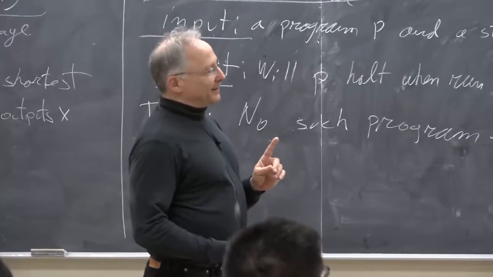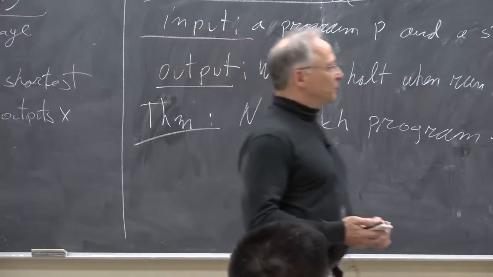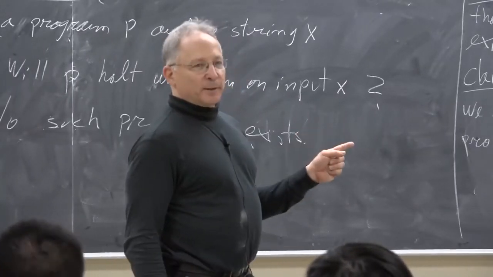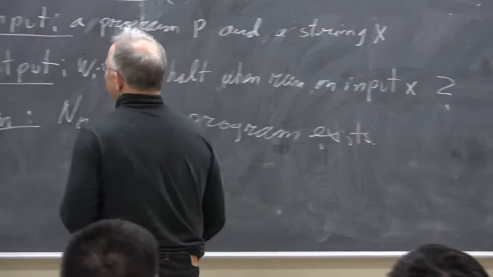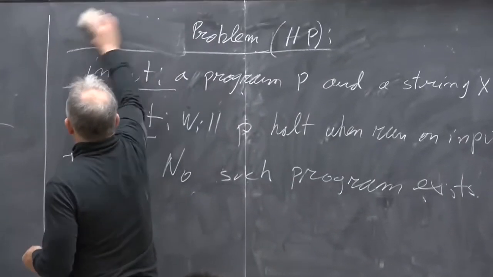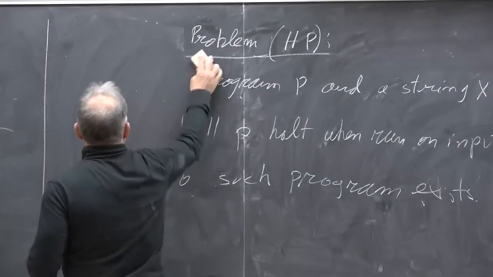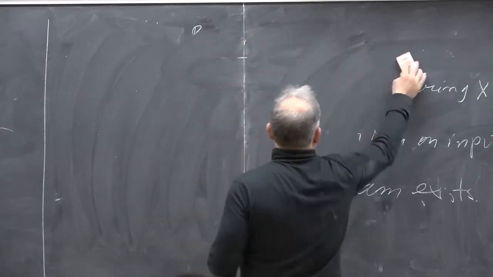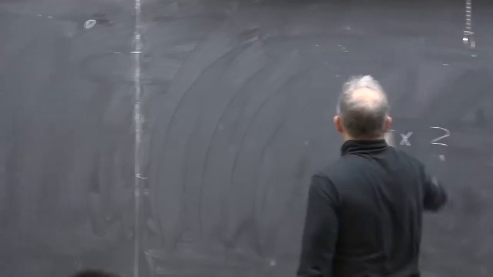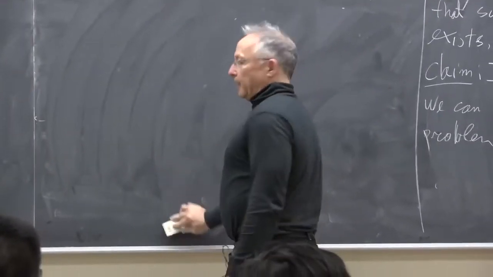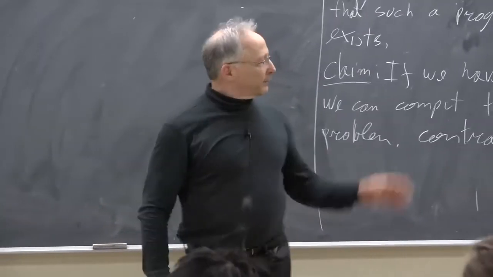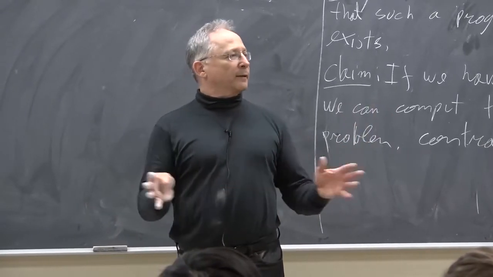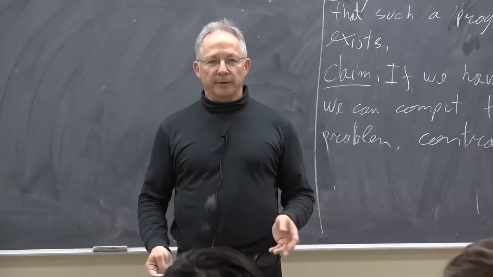Now, before we move on to prove Godel's theorem, some comments on this. What we proved here is that there is no program that checks whether, on a given input, a given program halts or not. But what follows from this is that tons and tons of other tasks cannot be carried out.